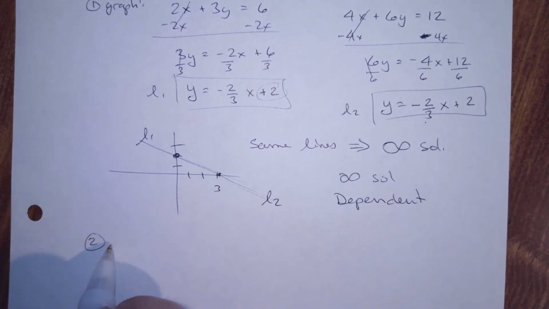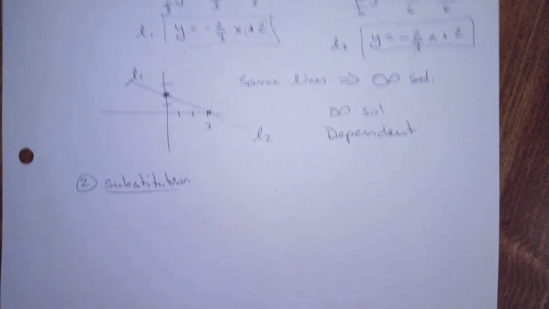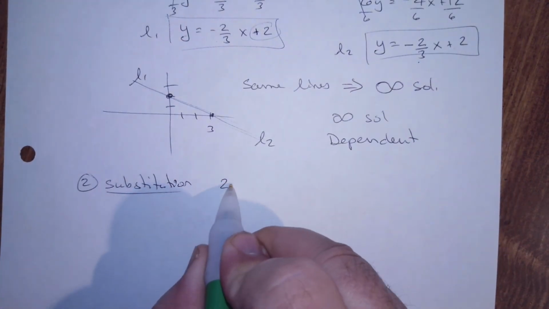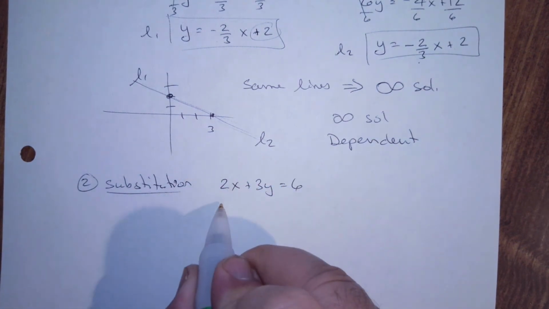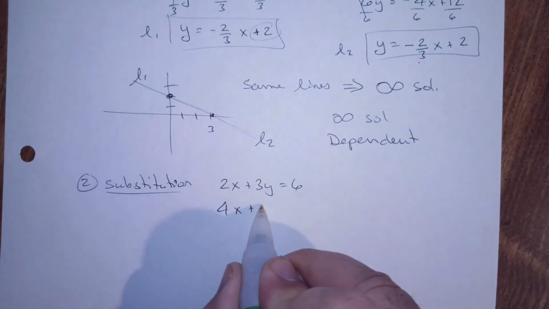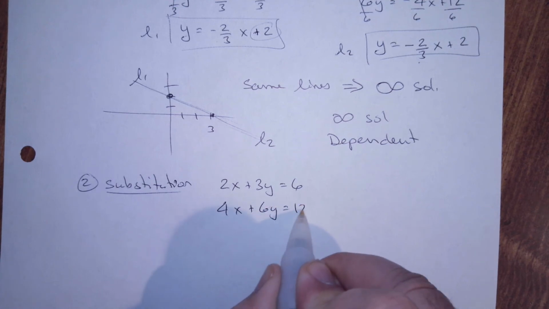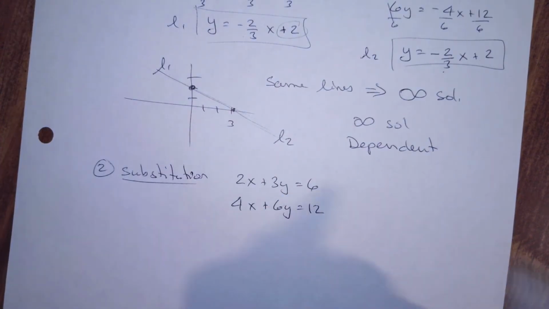Let's see how it looks if we use substitution. 2x plus 3y equals 6, 4x plus 6y equals 12. Remember to choose a variable.